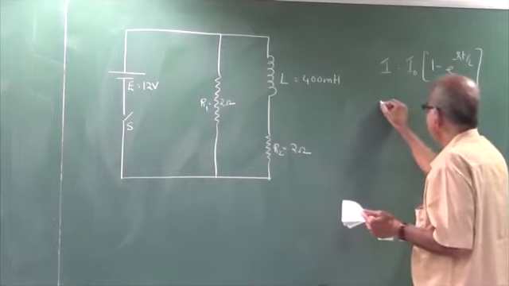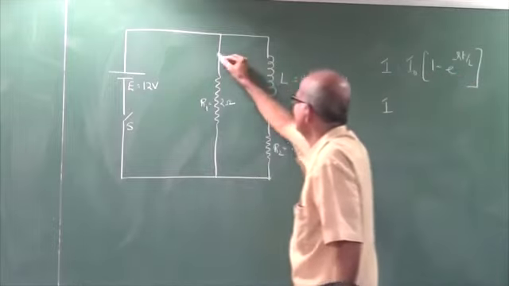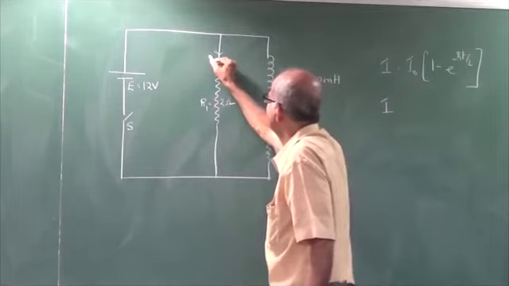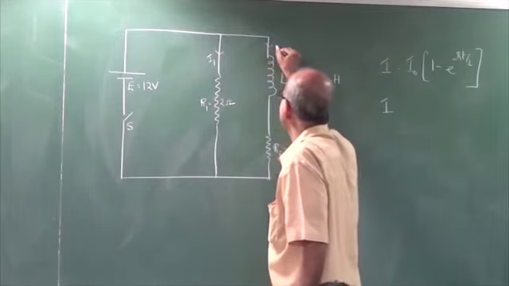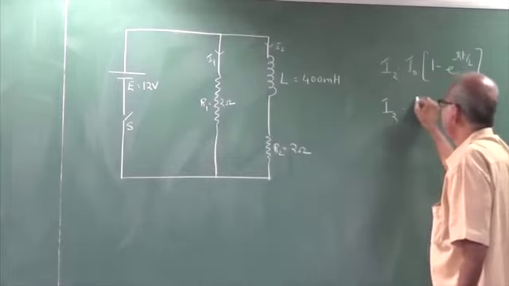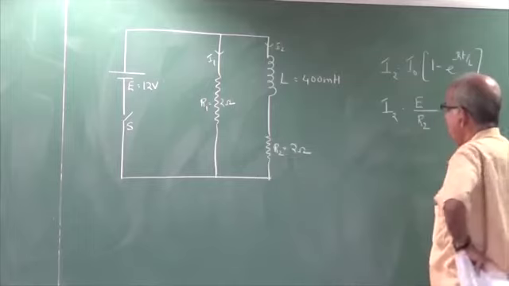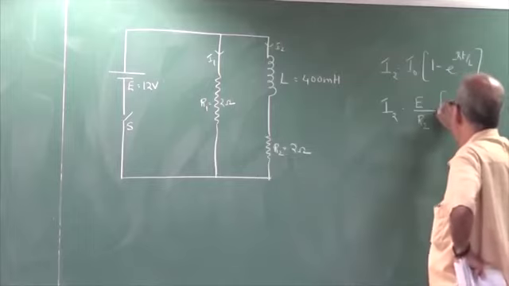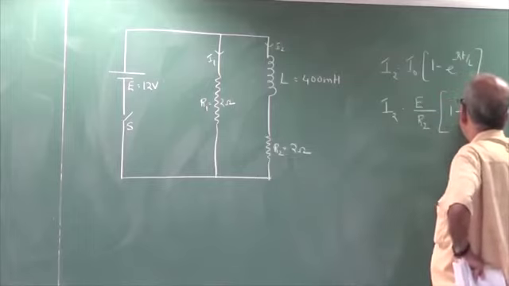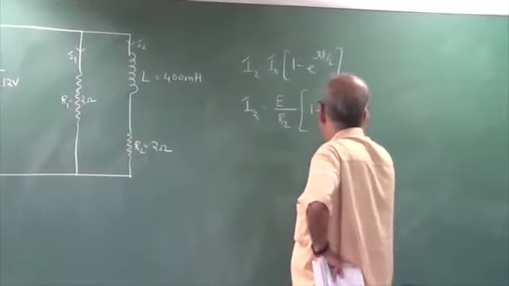This current, because it is branching, I will take this as I1 and this as I2. So that makes I2 equal to E by R2, times (1 minus e to the power minus R2 t by L).